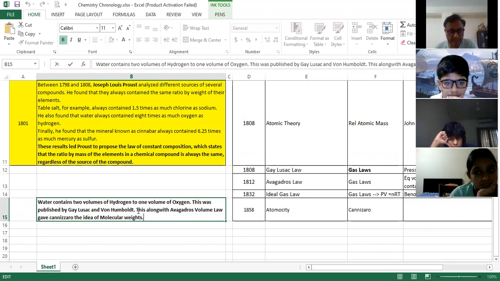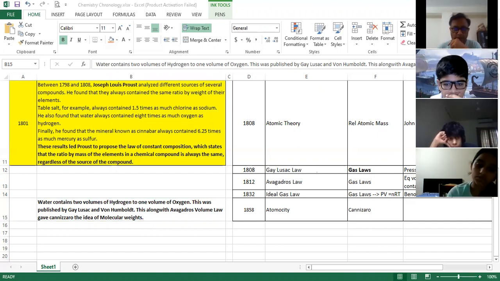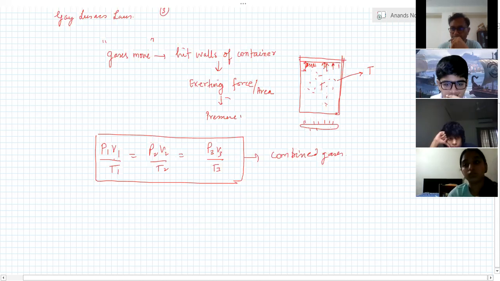But if you look at this experiment done by Gay-Lussac, I'll just mention what it means. This is a very important finding.